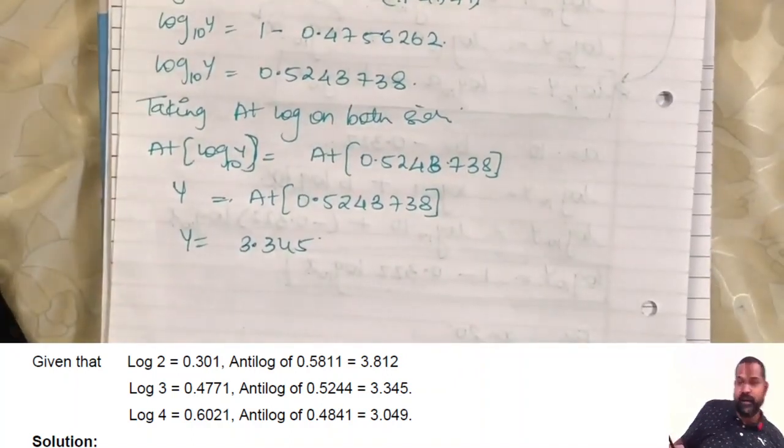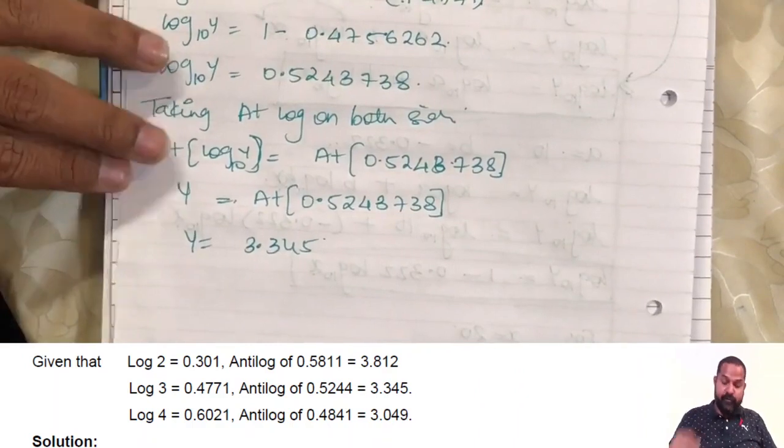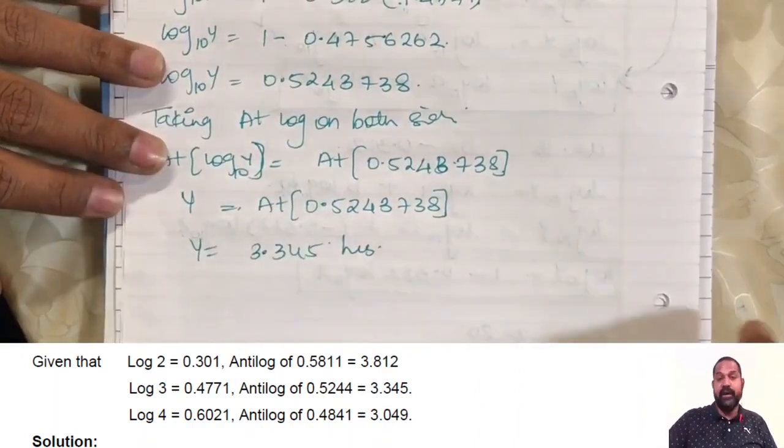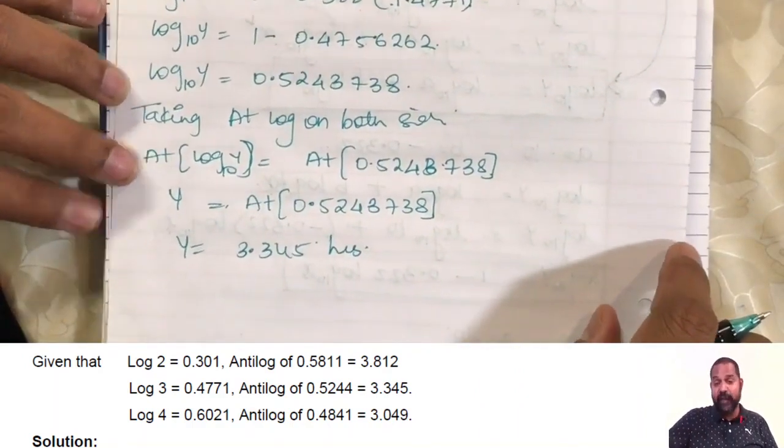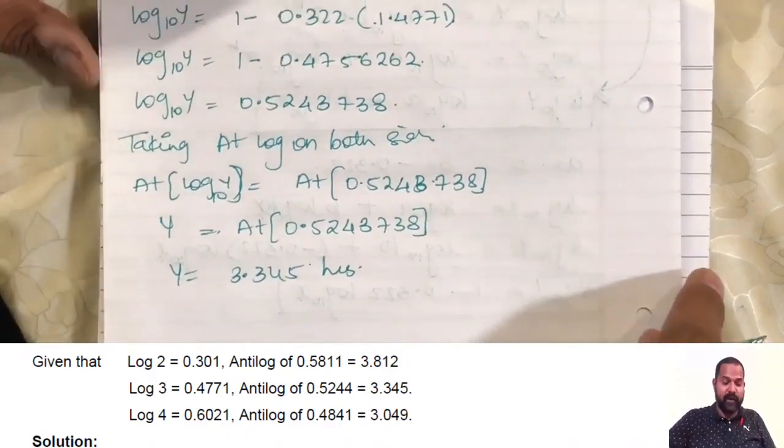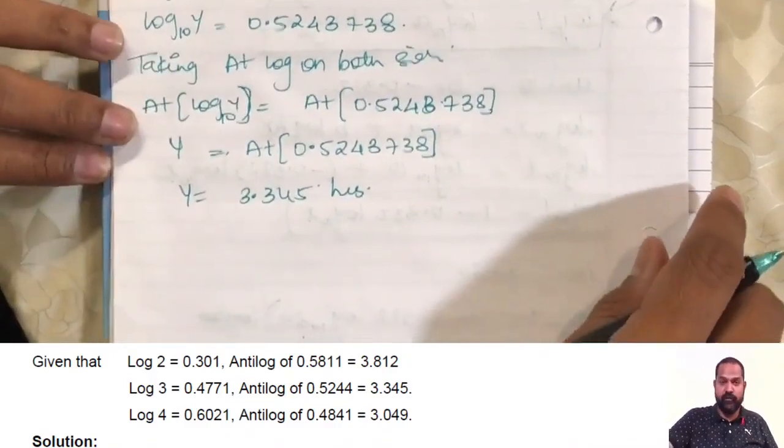Is that correct? Yes. Y is the average time it takes to make 30 units.